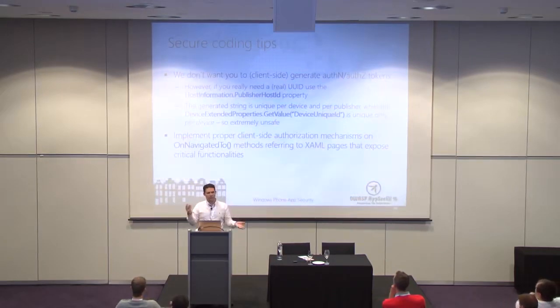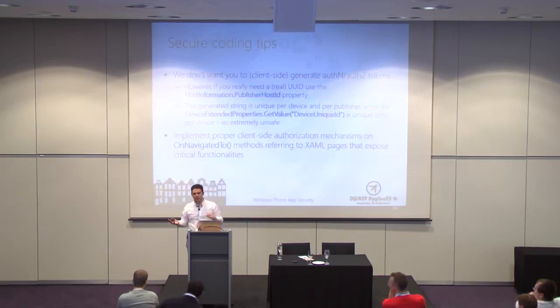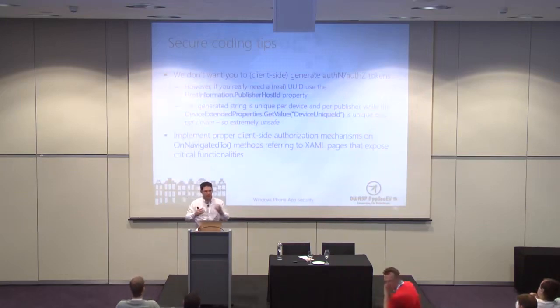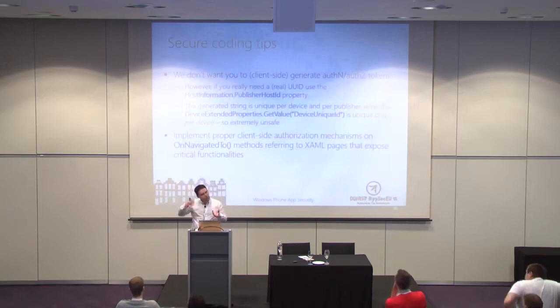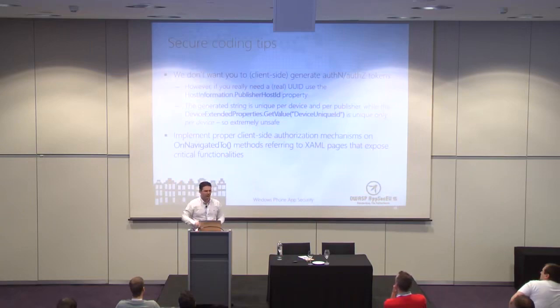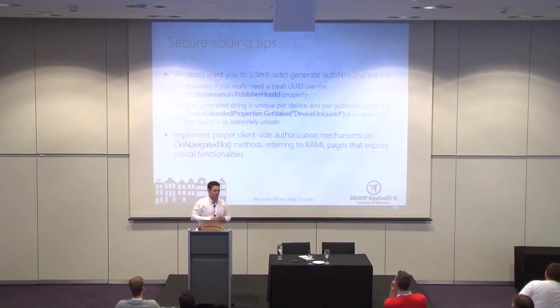If you have per device and per publisher information, well, the malware should also be published by the original publisher. So the attack scenario is something like you have to hack into the publisher account, publish a malware application, then trigger the user to also install the other application. So something a bit crazy.